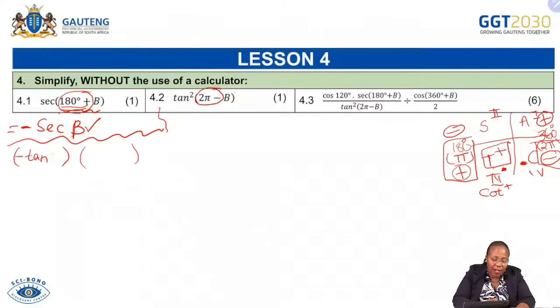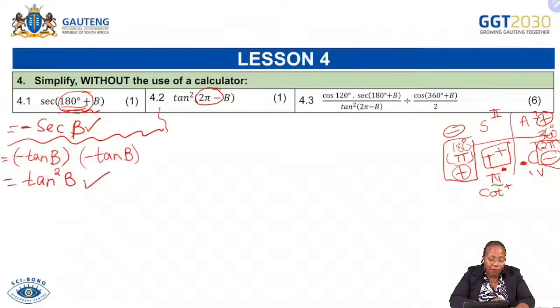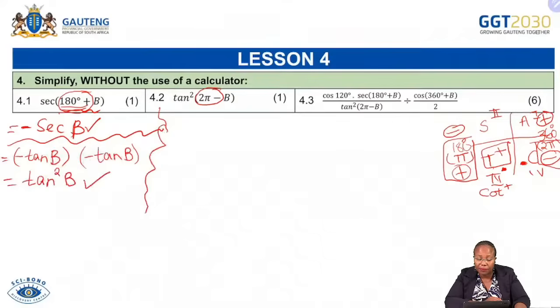So it will be minus tan b times minus tan b because we are having 2 of them, okay? And the negative times the negative, it will be positive. A tan by tan is tan squared b. So that is 1 mark for showing tan squared b. But you must understand, grade 12, it comes from 2 negatives. That is why it's a positive tan.